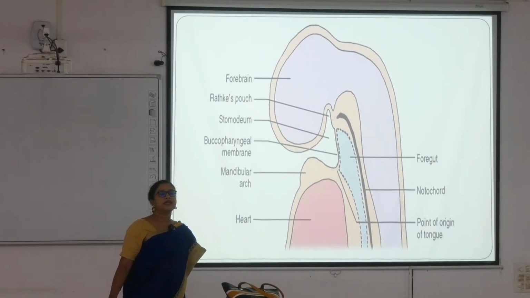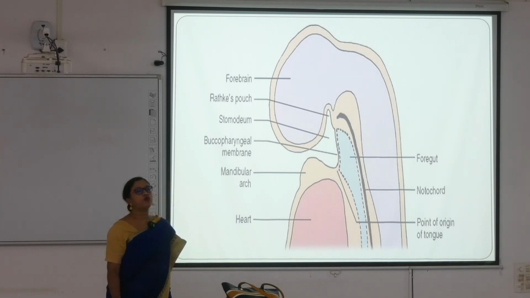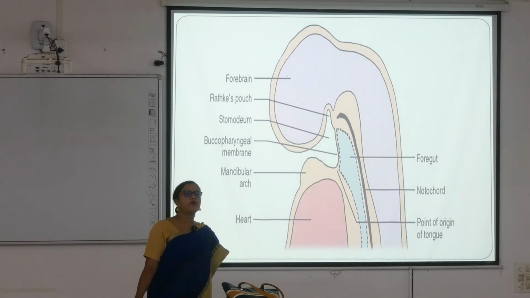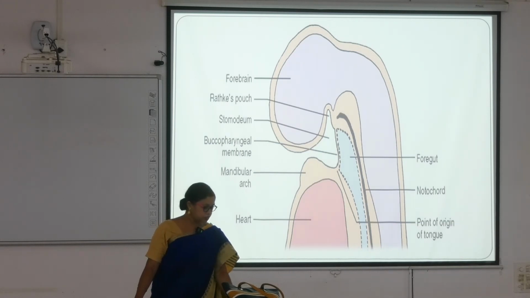Okay. Next, the tongue is also known as a fibromuscular organ, right? So write it down. The fibromuscular component, the fibroareolar component, is developed from the pharyngeal arch.